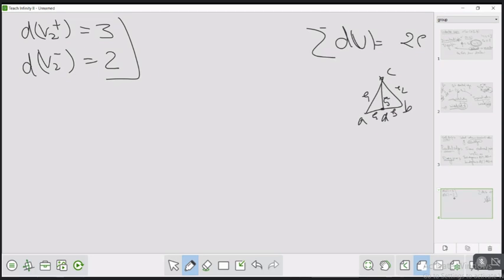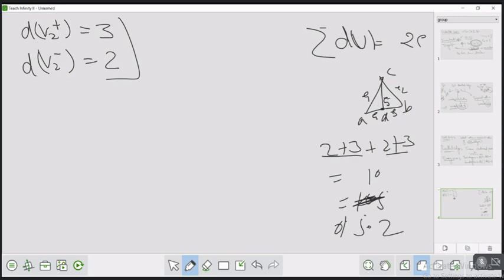Its degree is 2, its degree is 3, its degree is 2, its degree is 3. So the sum is 10. There are 5 edges, so 2 times E.